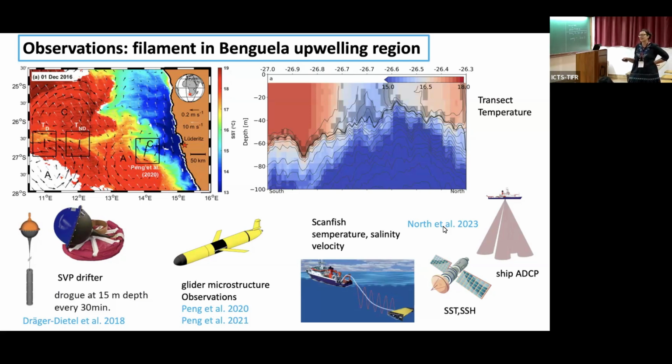We deployed drifters. These are buoys that have a drogue at 15-meter depth, so they are supposed to monitor currents in the mixed layer. These are typical drifters that are also deployed in the Global Drifter Program, which constantly deploys drifters all across the ocean.